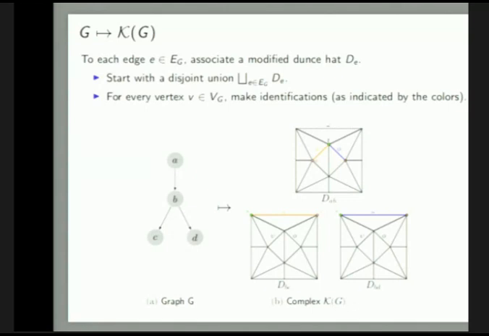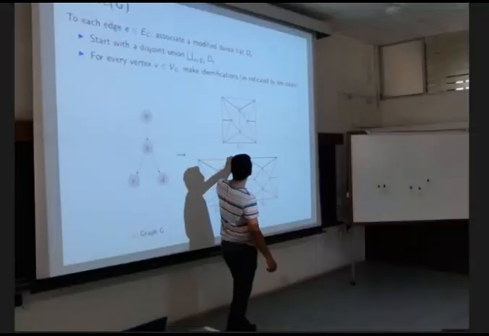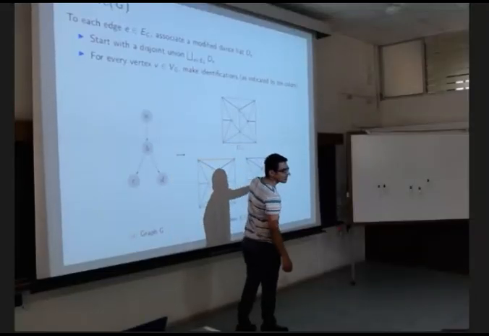For the incoming edge AB, you look at dunce hat D_AB, and you choose this special edge phi and psi, and these edges are identified to omega. So this psi is identified to omega of this, and phi is identified to omega of that.